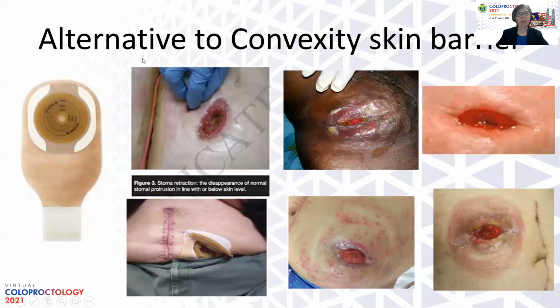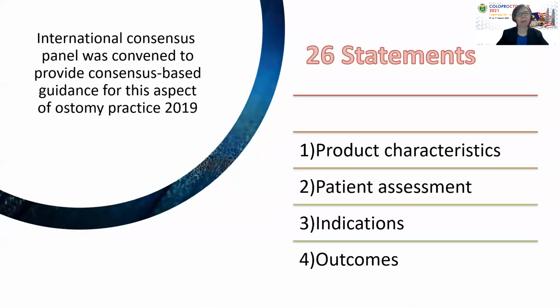Now, there is something I just want to share with you. There was an international consensus panel that held a convention to discuss consensus-based guidance for patients that need convexity.